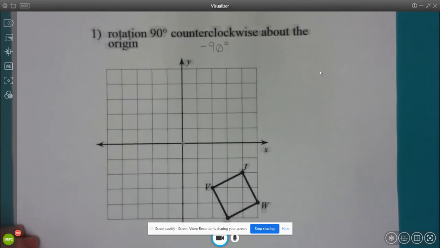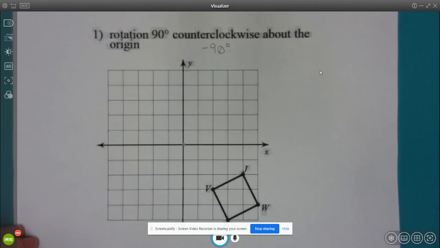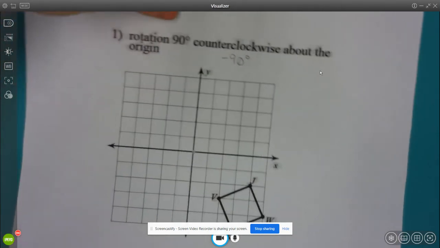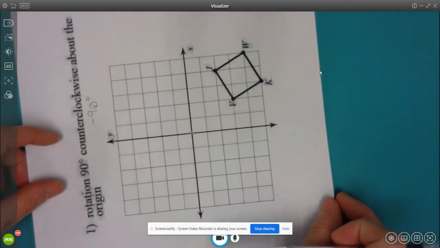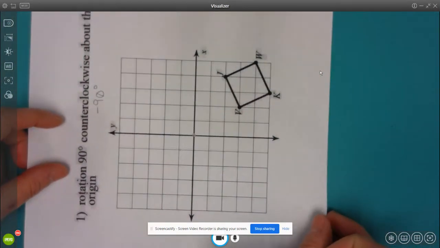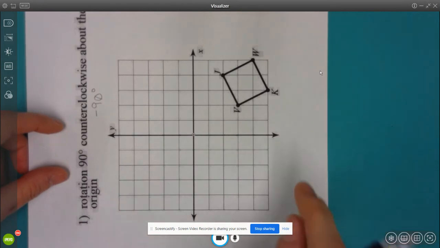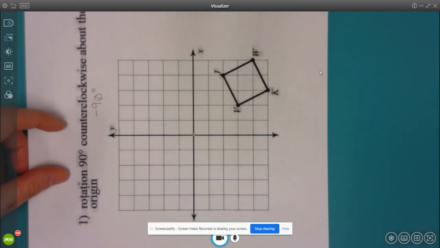So if I take my picture and I turn my entire picture 90 degrees counterclockwise, this is what my image should look like when I return my graph to its original orientation.